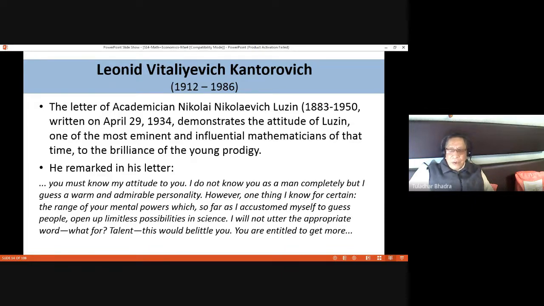However, one thing I know for certain, the range of your mental power, which as far as I accustom myself to guess people, opens up limitless possibilities in science. I will not utter the appropriate word, but for talent, this would be like you are entitled to get more." So that is how Kantorovich has been ranked by Academician Luzin.